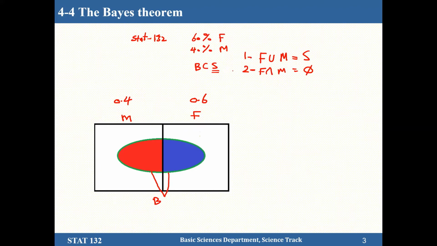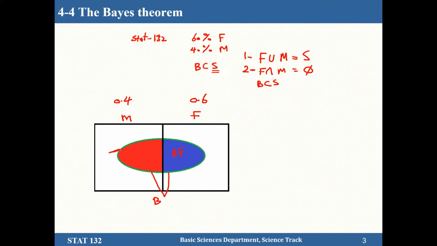Now we have B, a subset of S. This B is student gets success in statistics, from male and from female. So this part is success, and success is B and F. This is student success and female.